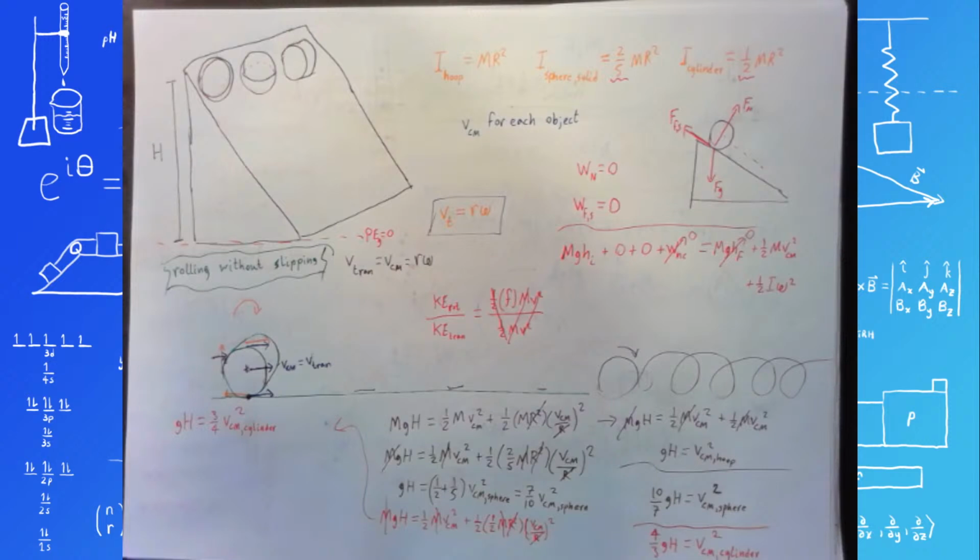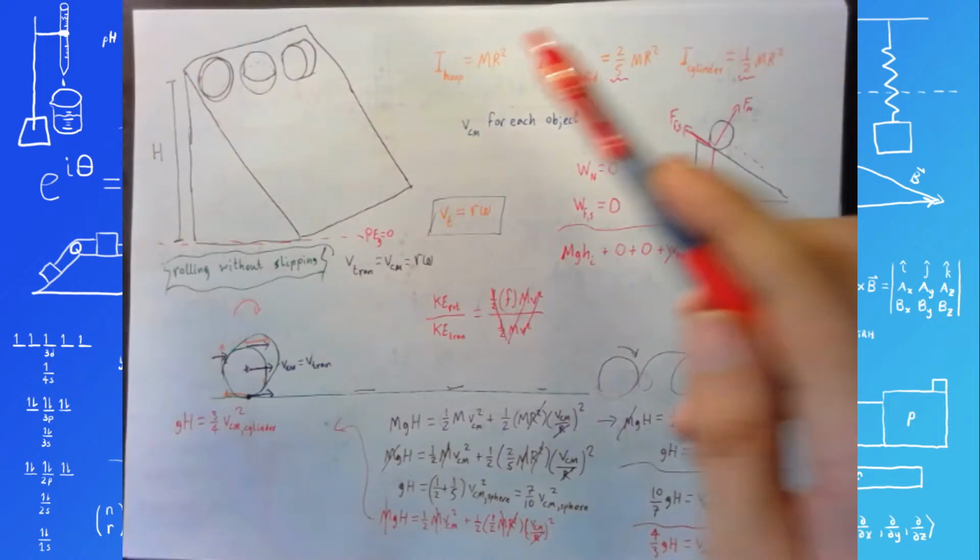You get 5 portions of translational kinetic energy for every 2 of rotational. Pretty efficient compared to the other ones.